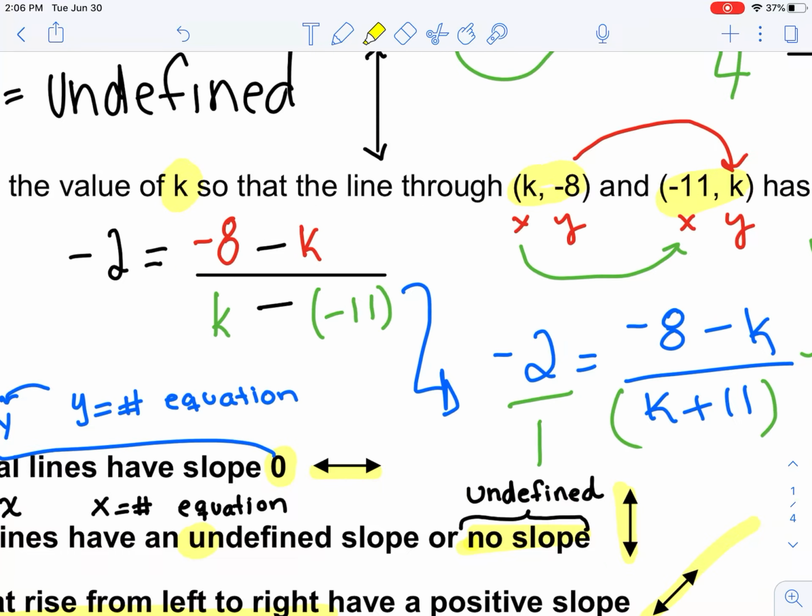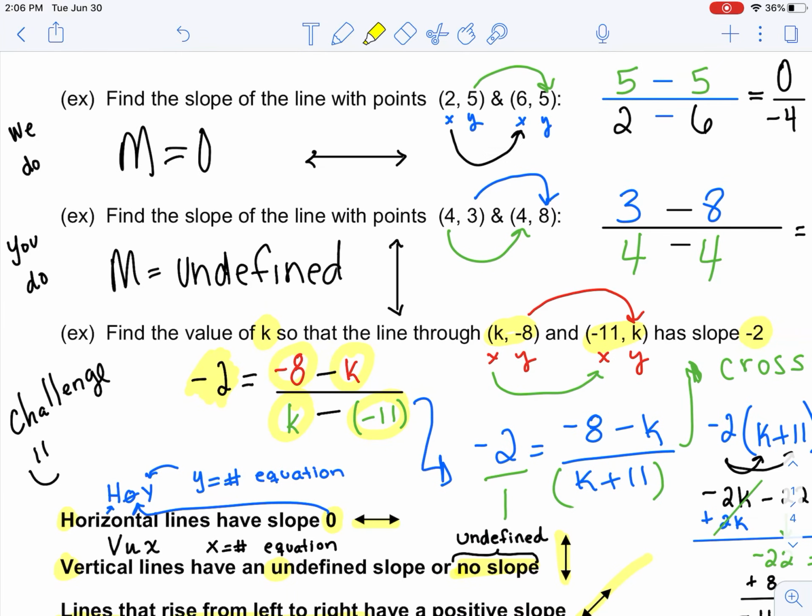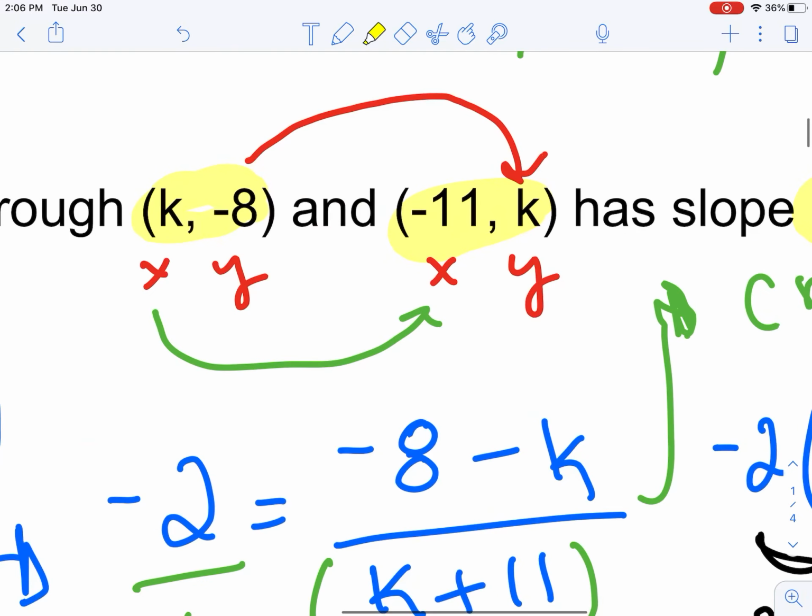So we know that the slope is -2, so what I'm doing is substituting into the slope formula. Here's my -2, and then these two numbers represent the change in y, and these represent the change in x.